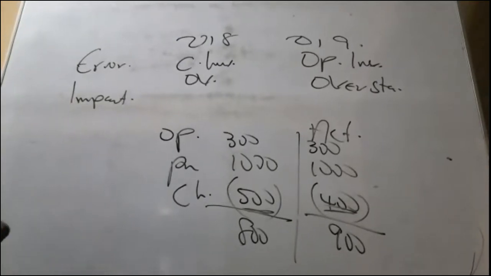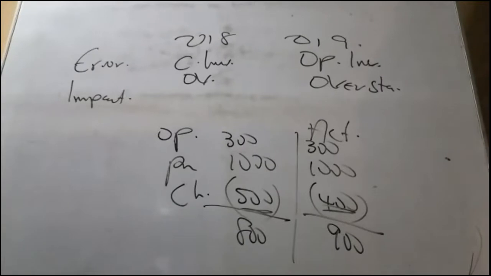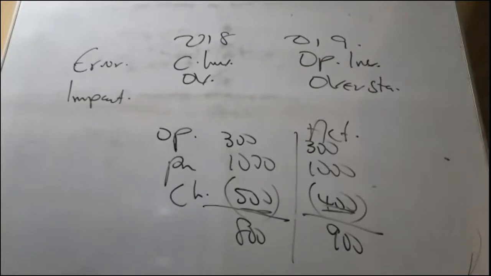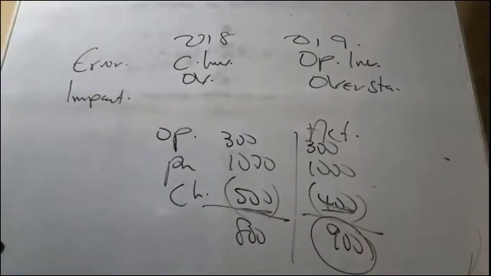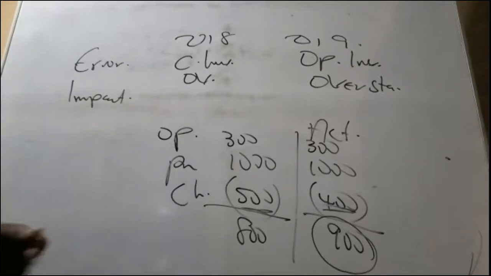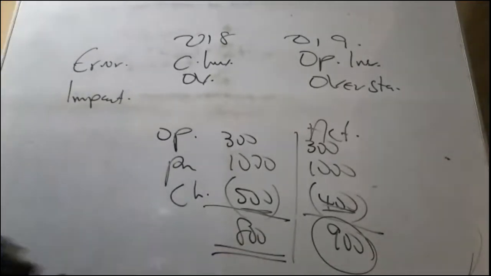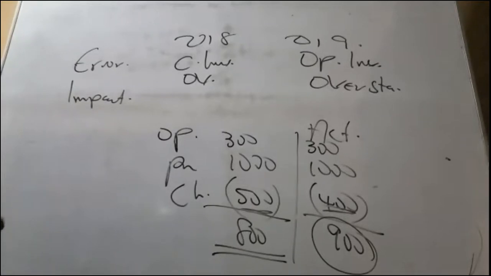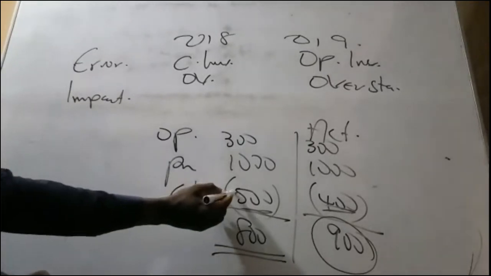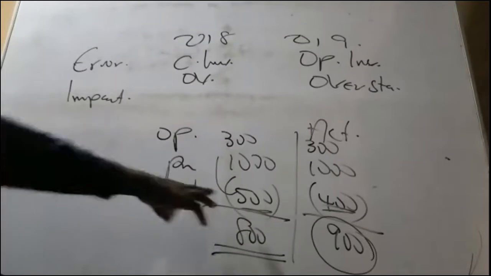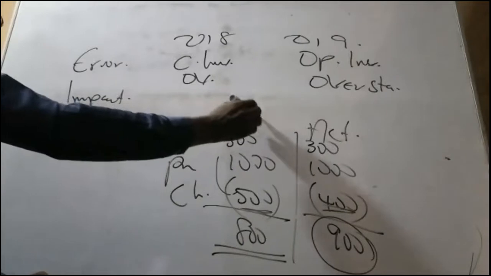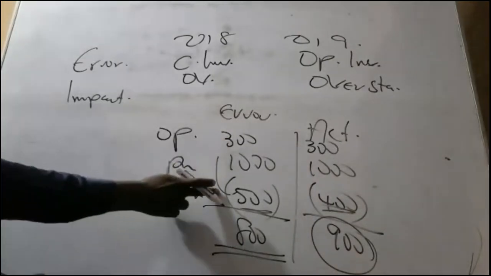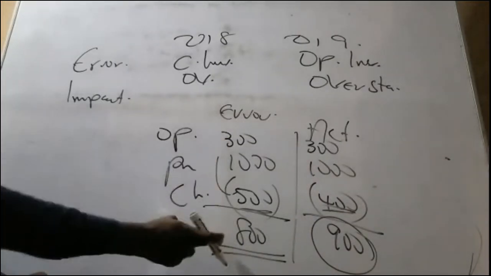So the cost of sales here is what? 800. Now, this is the game. The actual cost of sales here is 900. Meanwhile, the wrong version is what? 800. So what do we do? As a result of me overstating the closing inventory, this is an error. We have overstated the closing inventory. It has led to what?